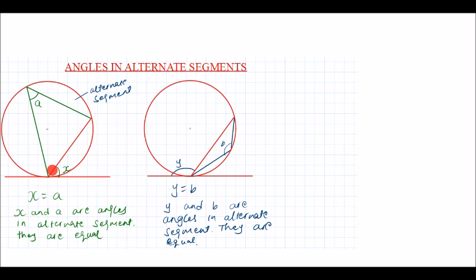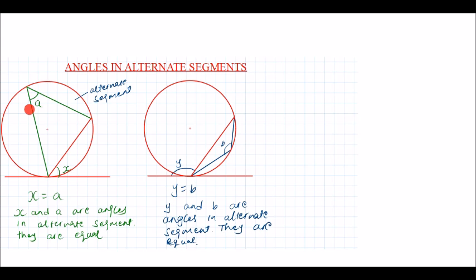Yes, you are true. So those are, we look at another property, and here we have angles in alternate segment, right? So here what we have on the board, we have the first circle here, and I said a chord divides the circle into two segments.